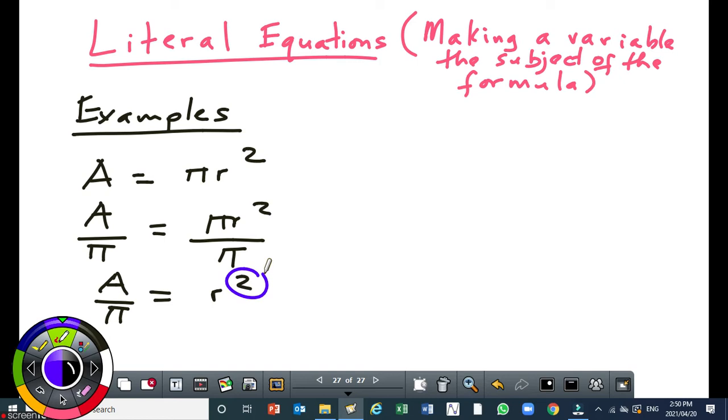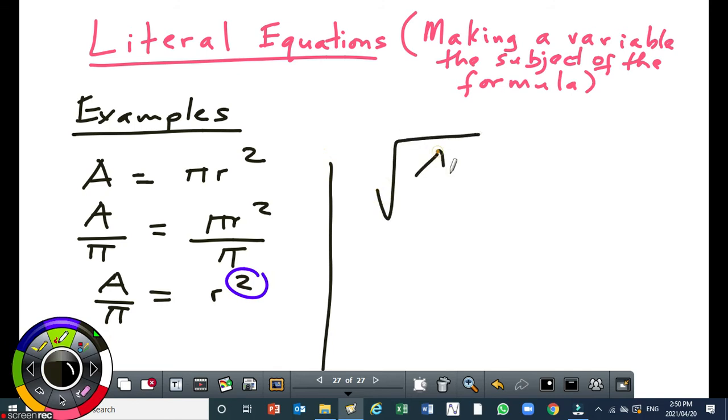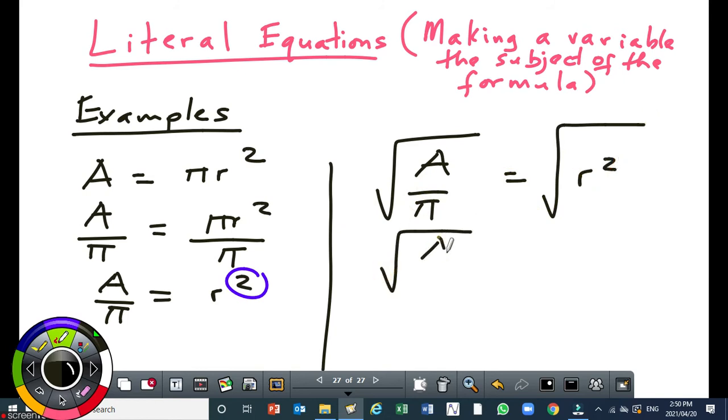If you want to remove the square of any variable, you just find the square root on both sides. So my next step would be to find the square root of A over pi, and we also take the square root of the left-hand side. So we end up having the square root of A over pi is equal to the radius, which I can write as r equal to the square root of A over pi.